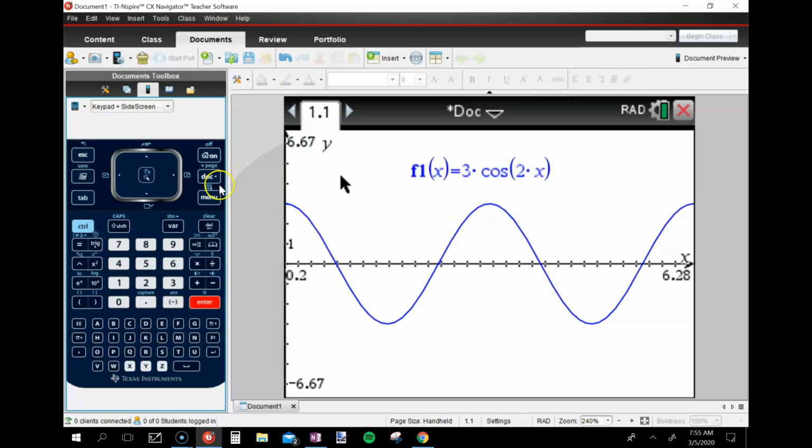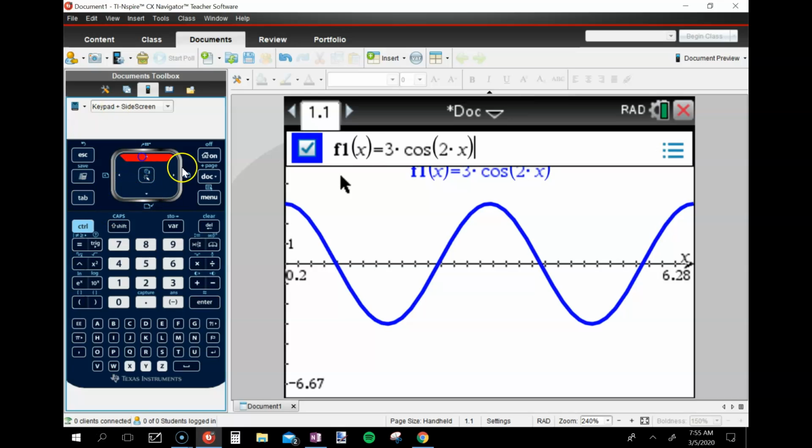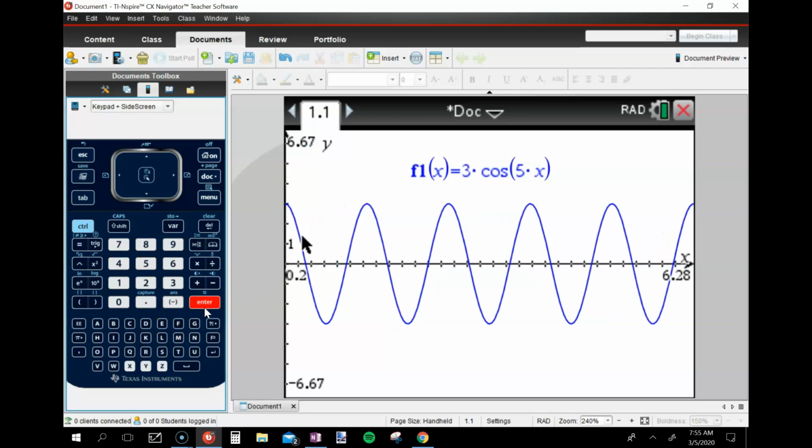So it works, right? Okay, so if I throw 5 in here, how many cycles should I see? 5. In what space? What's the space? Starts at 0, ends at 2 pi. So in 2 pi space, I now see 5 cycles.